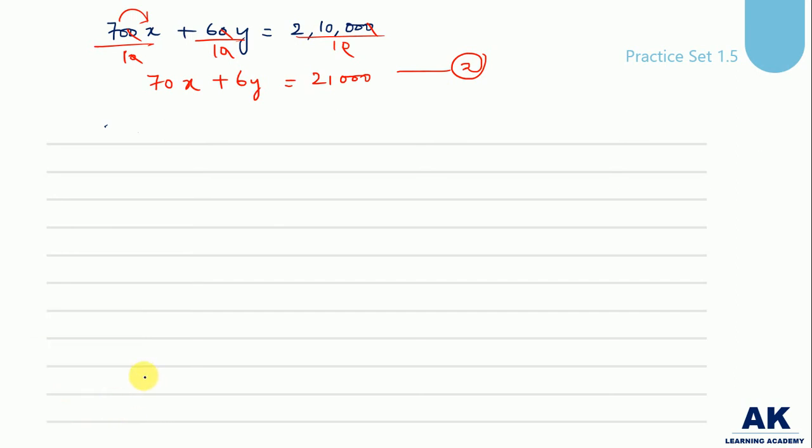Before that, let's just see this, right, that we get 70x plus 6y is equal to 21,000, right?